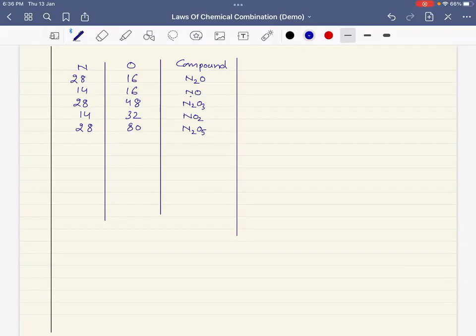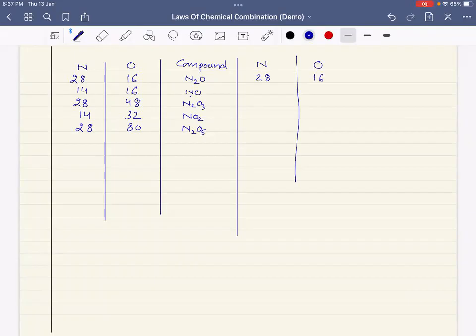Now let us fix the mass of one element. Let us say we will fix the mass of nitrogen. So in N2O, the mass of nitrogen is 28, and it combines with oxygen, that is 16 gram.